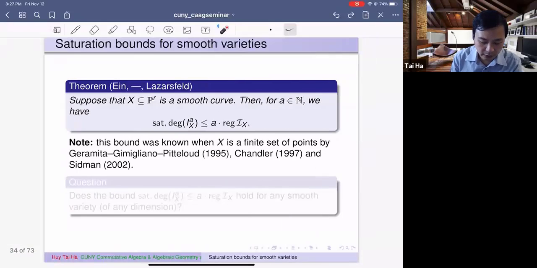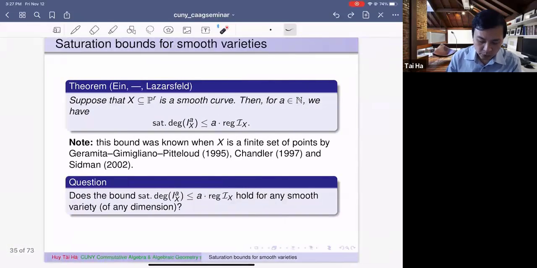So this bound is actually quite well known for points. For points, the saturation degree is just the regularity of the ideal, and it's known by Geramita, Gimigliano, Pitteloud, and then reproved by Chandler and extended by Segundo. We don't know if this bound is still valid when X is not necessarily of dimension 1.